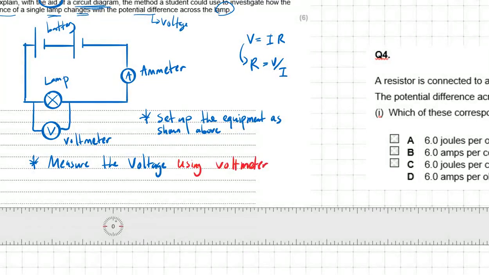So you need to show method. You need to say what you're measuring and how you're measuring it. So measure this using the voltmeter, and then next we need to measure the current.